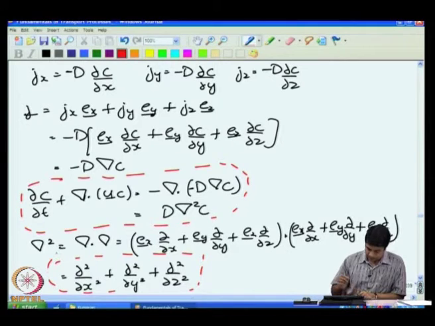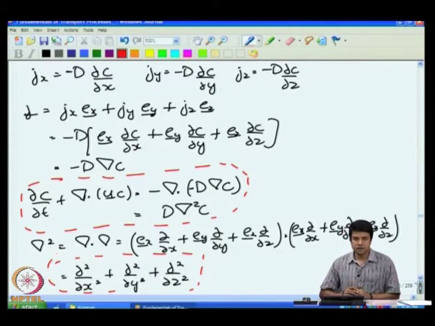This was done by doing a shell balance in a Cartesian coordinate system, where the surfaces of the differential volume that we consider are surfaces of constant coordinate. Two surfaces with constant x, two with constant y, and two with constant z.